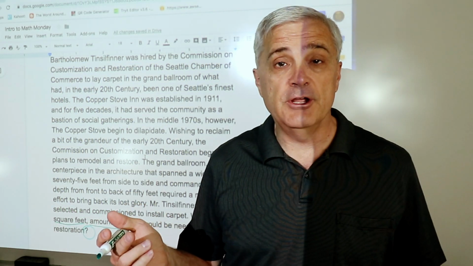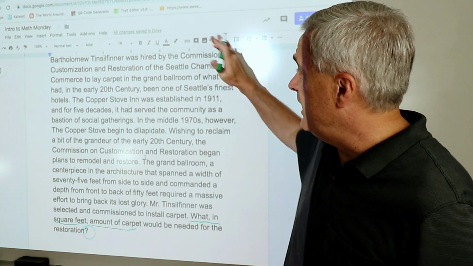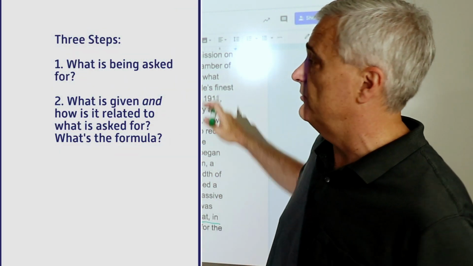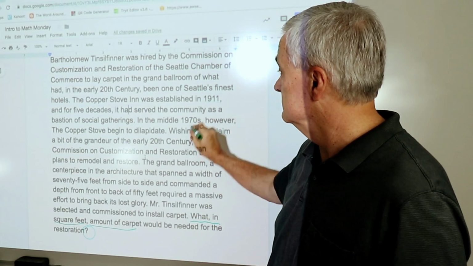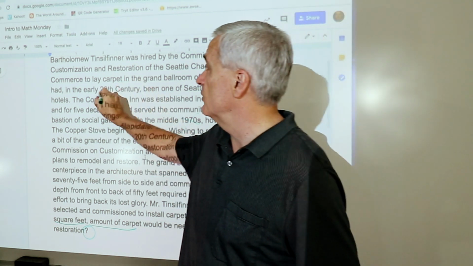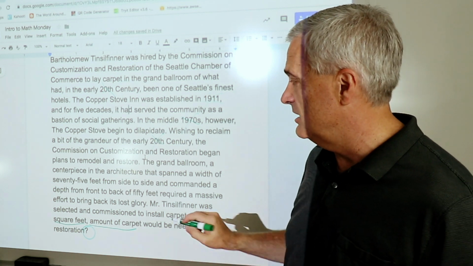Well, we need to know the area, length and width. I'm scanning for numbers now because I really don't care about Seattle's finest hotel. I'm looking for numbers. That's not it. That's not it. That's not it. It's a trick question. Where are the numbers? They typed the numbers out.